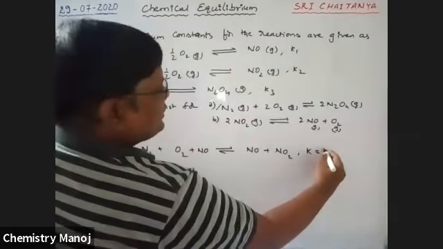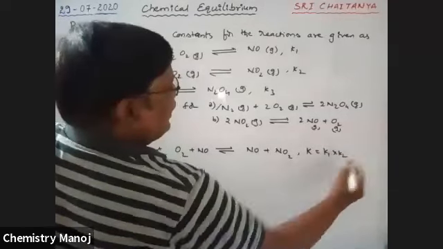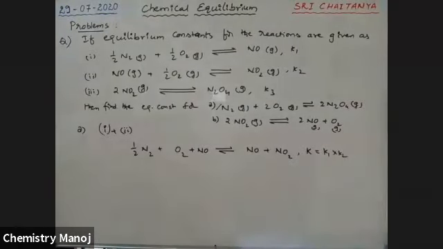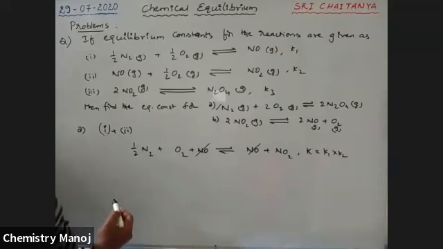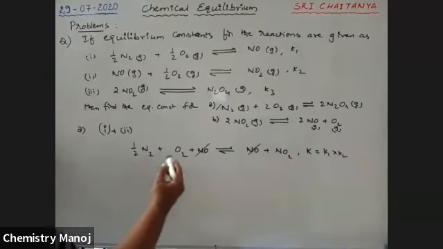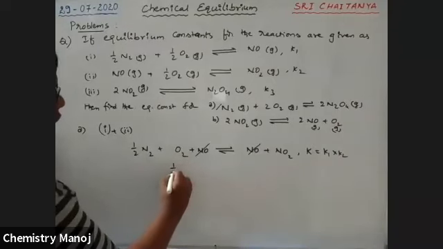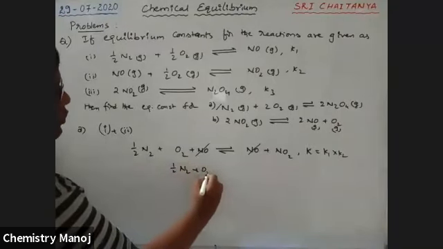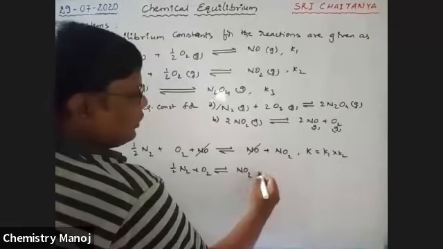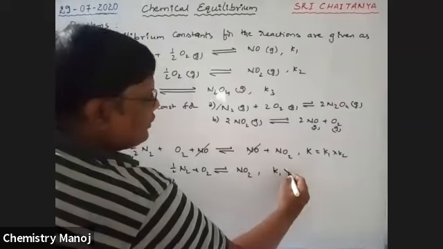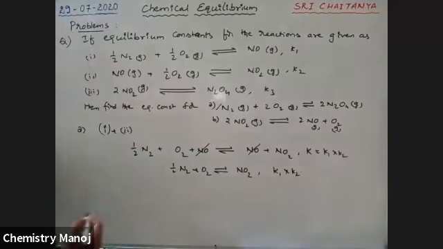Now K is equal to K1 into K2, as per yesterday's knowledge. NO on the reactant side and NO on the product side are cancelled. Therefore half N2 plus O2 reversible with NO2, and the new equilibrium constant is K1 into K2.